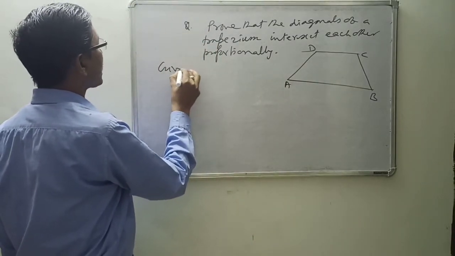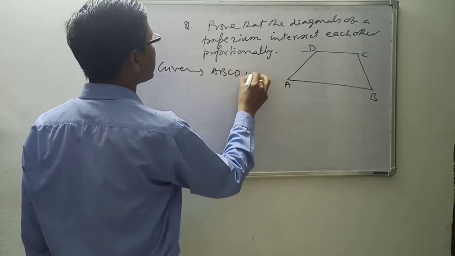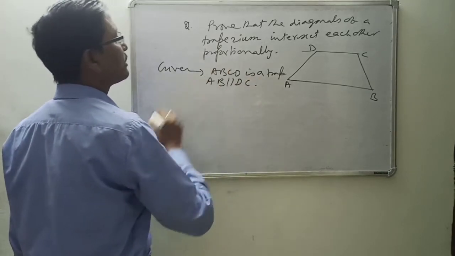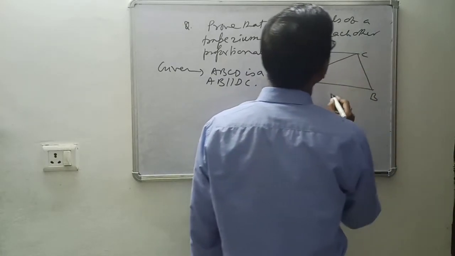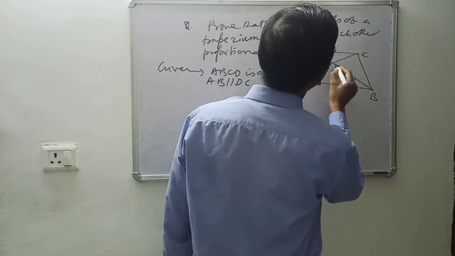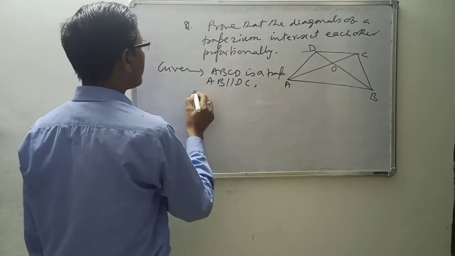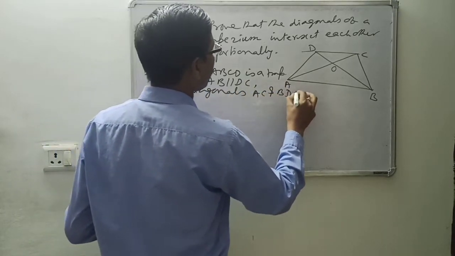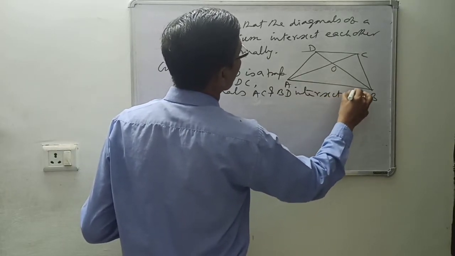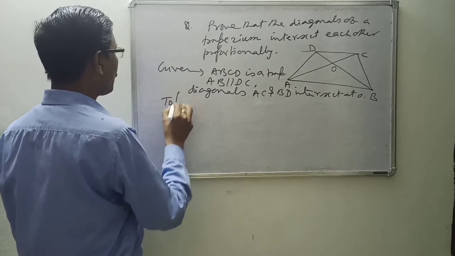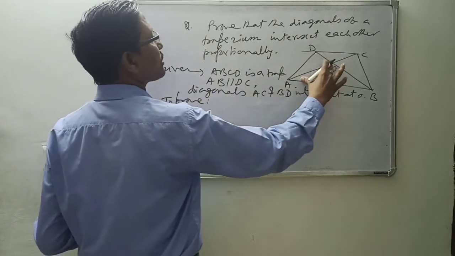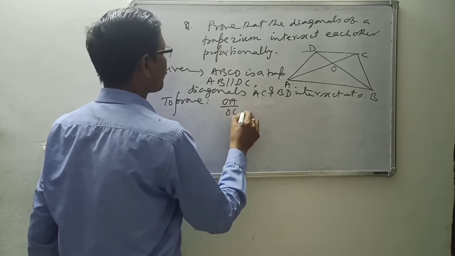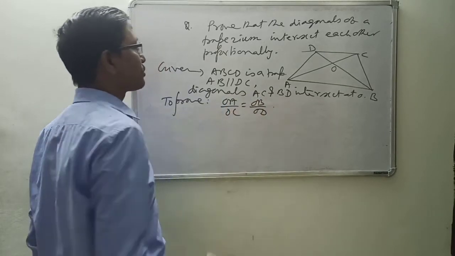So here, given that ABCD is a trapezium, that means AB is parallel to DC, and its diagonals, one diagonal is AC and the other diagonal is BD, intersect at the point O. Diagonals AC and BD intersect at O. Then to prove: the ratio OA by OC is equal to OB by OD.